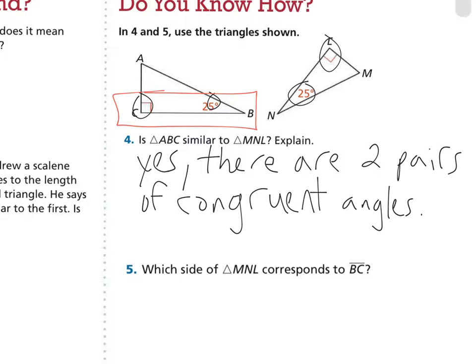So if you look at your other one, 25-degree and 90-degree would be NL. Also, we could do that by our statement on 4. We said these were similar. So if you look, notice BC would be the last two letters here. BC, last two letters. NL, last two letters. So there's a couple ways you can figure out that those are corresponding. Okay?